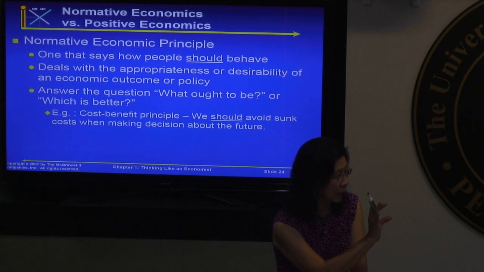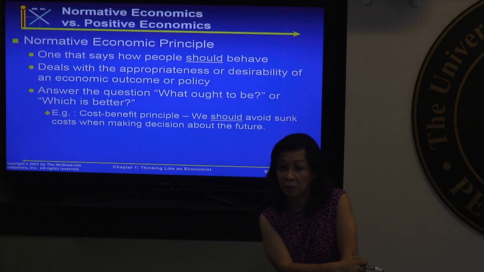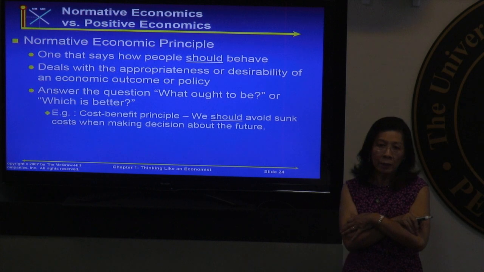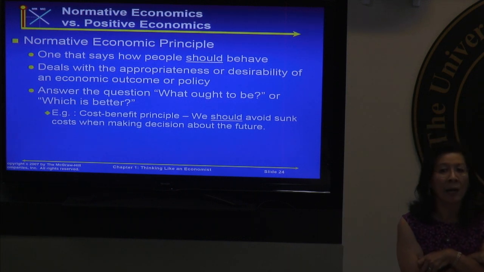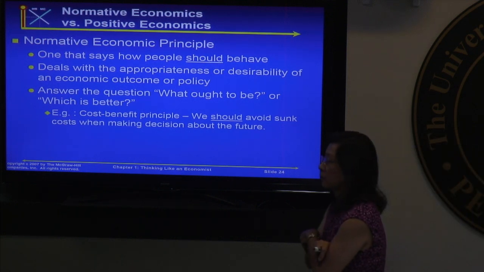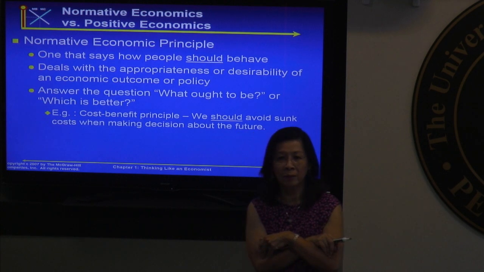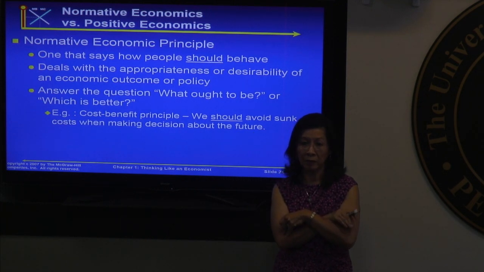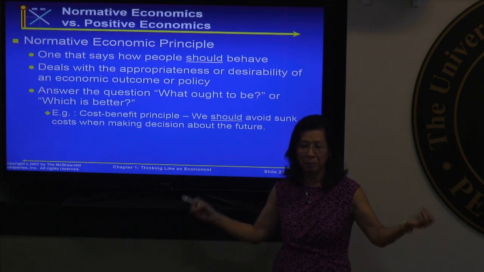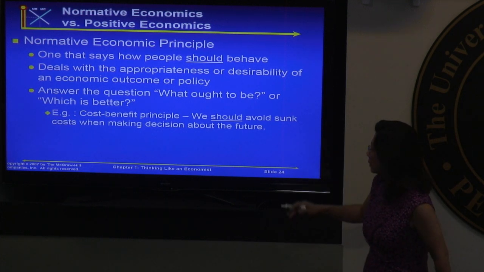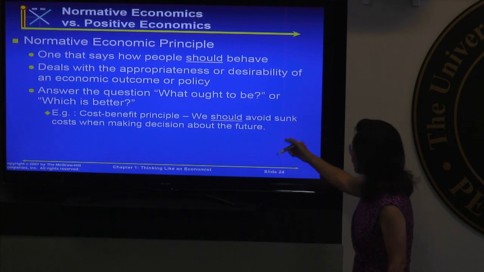That is considered a normative economic statement. But if you say, if we were to increase the tax by 0.125%, next year we would have collected 5.5 billion of tax revenue in return, now that's positive economics, because you put in more numbers, you have a more concrete example. You answer the what question. So this one is ought to, which is better.